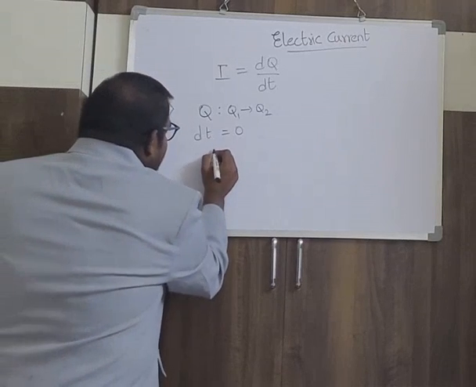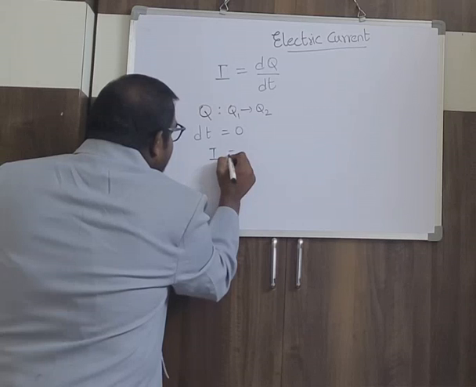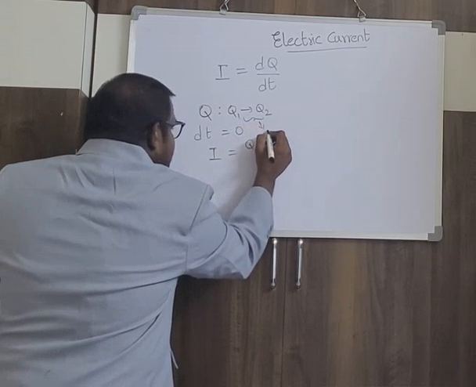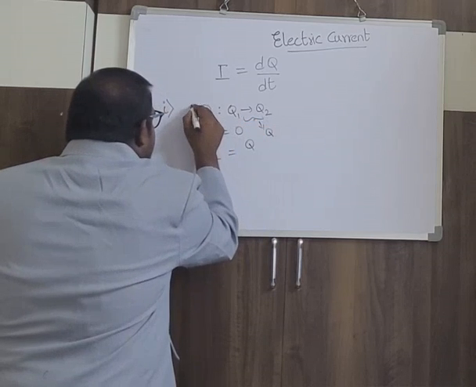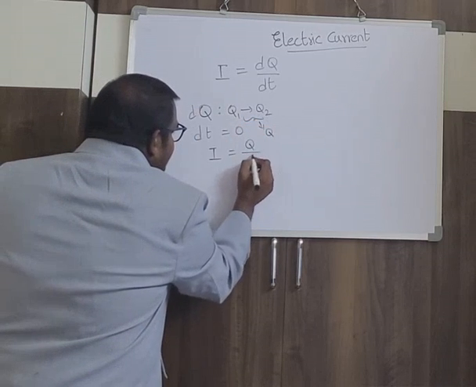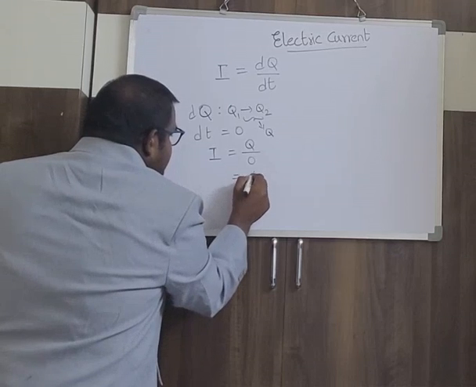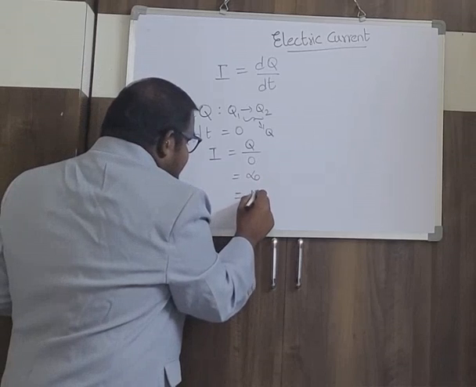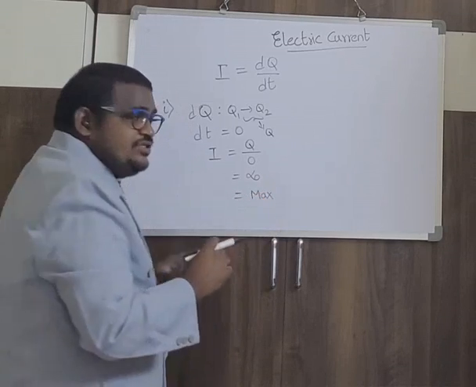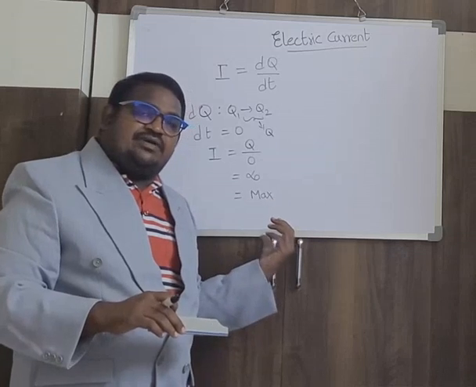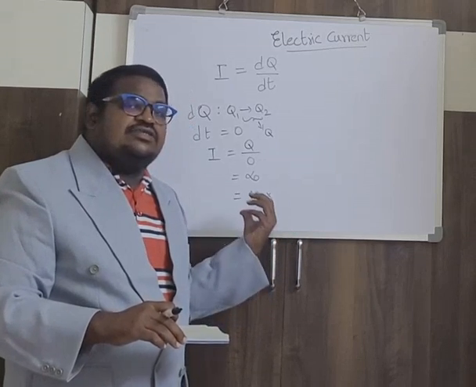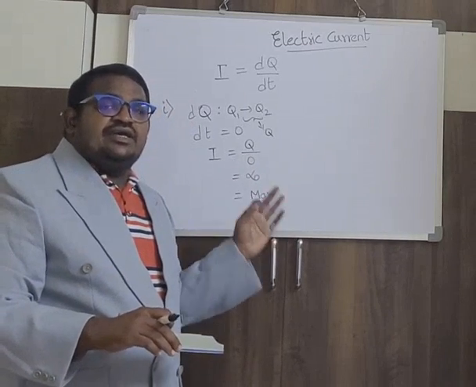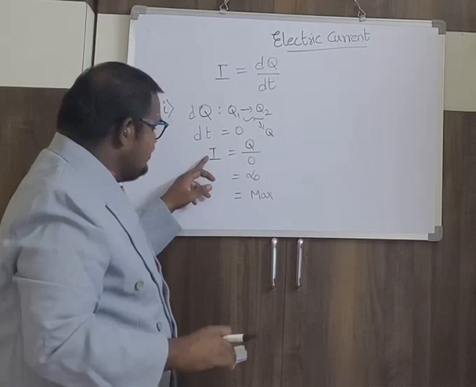Then what is the current? I is equal to Q by 0, which is infinity, or we can say maximum. Thus, in which circuit is the current maximum? In a short circuit only, the current is maximum.